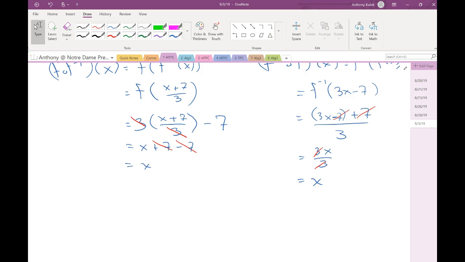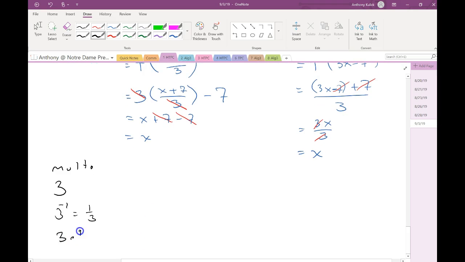Notice that this is the same idea as we had for addition and for multiplication of just numbers. So let's say we're talking about multiplication. What is the inverse for 3? It's 1/3, right? And I know that 3 times 1/3 and 1/3 times 3 both give me 1. And what was special about 1? That was the identity element for multiplication.